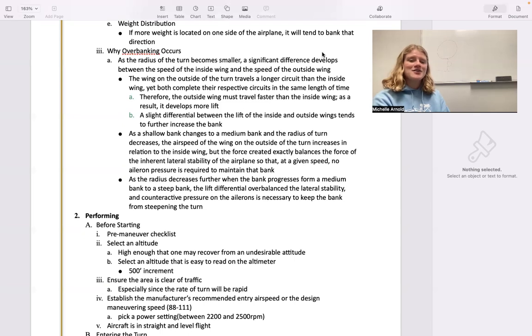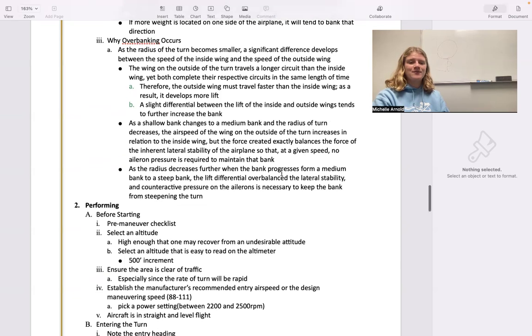As shallow bank changes to medium bank, the radius of the turn decreases, the airspeed of the wing on the outside of the turn increases in relation to the inside wing, but the force created exactly balances the force of the inherent lateral stability of the airplane so that at a given speed, no aileron pressure is required to maintain bank.